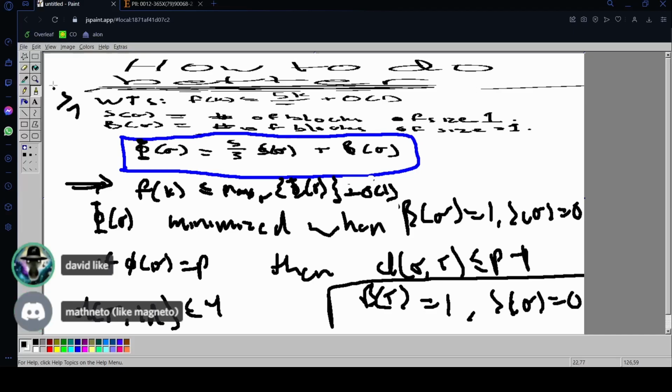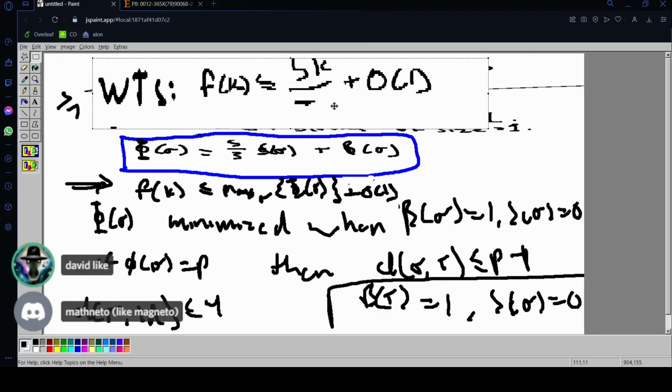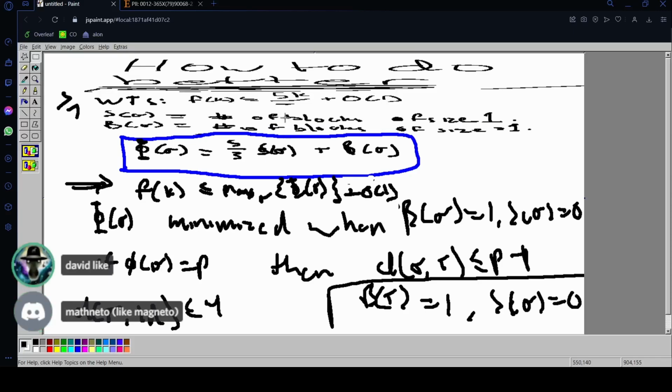If you remember this thing over here, could you expand that for a sec? Yeah. We want to show that f of k is at most 5/3 k plus big O of 1.